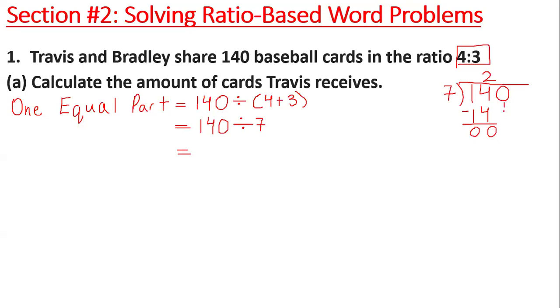You bring down the 0. 7 going into 0 is 0. 0 minus 0 is 0. So 140 divided by 7 is 20. Very good.